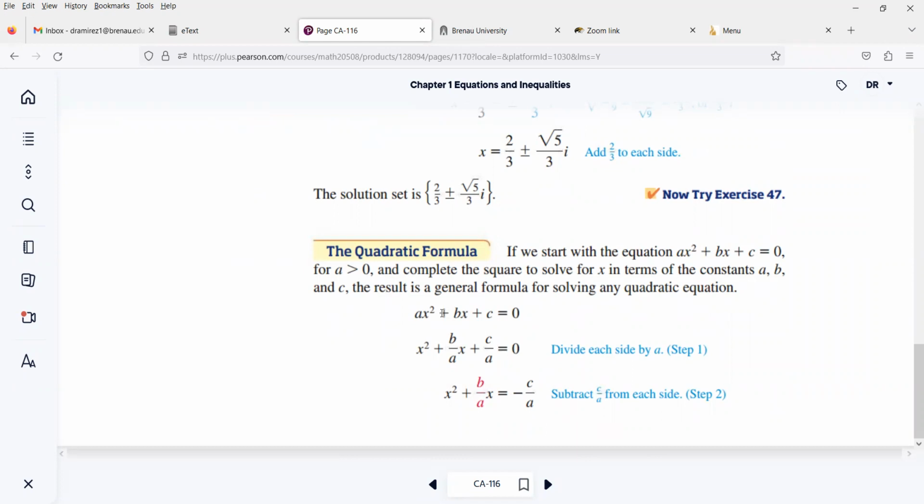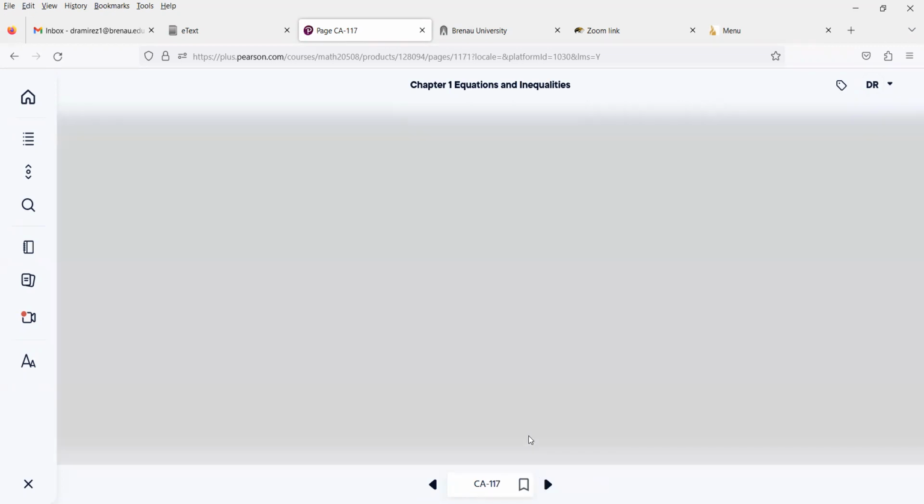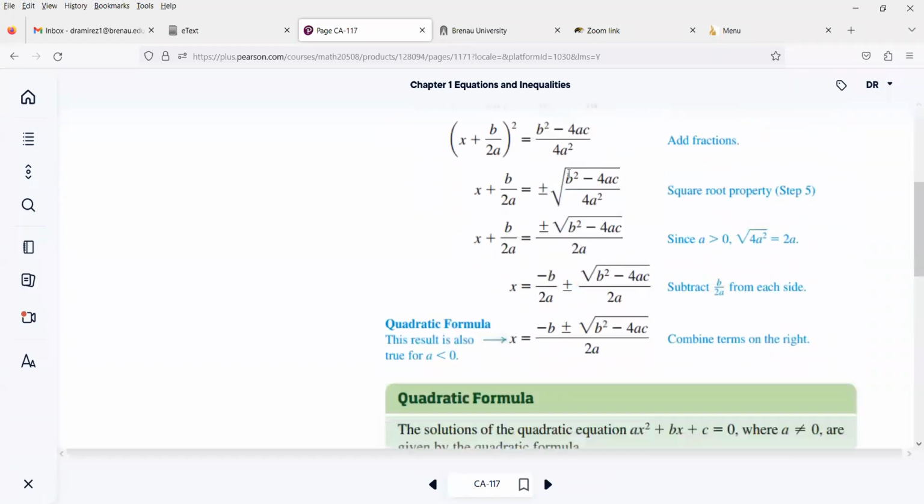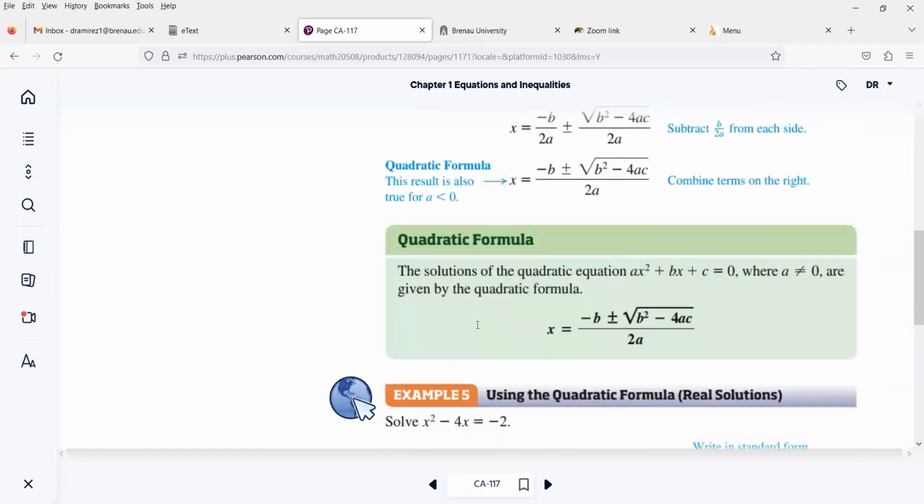Then we complete the square, except that we have letters that can be any numbers. And by completing the square, we get the quadratic formula. I'm not going to go over the details of the proof. I just want you to know that this is the quadratic formula.